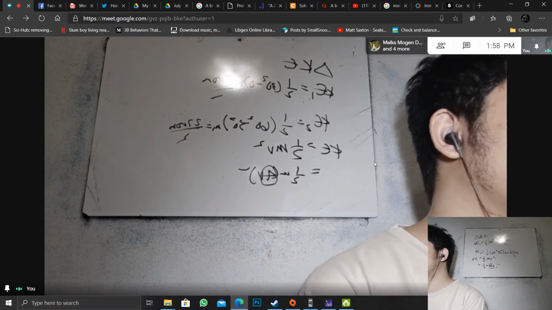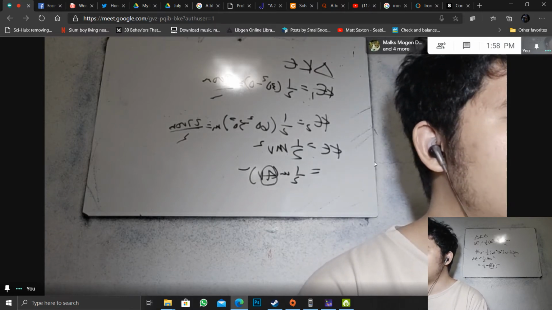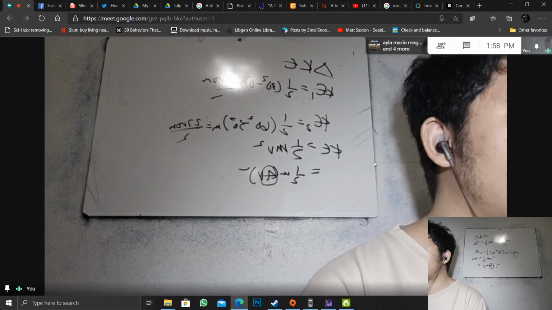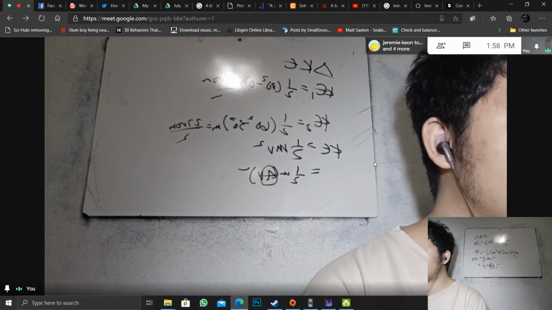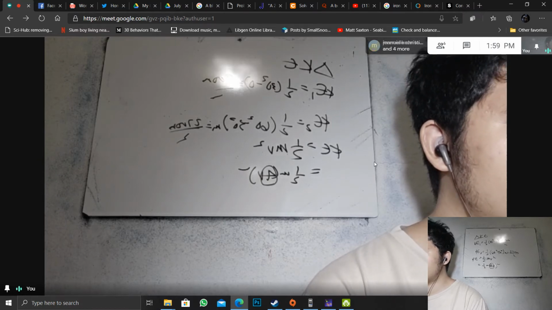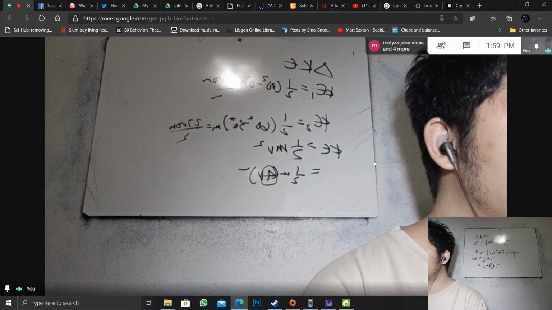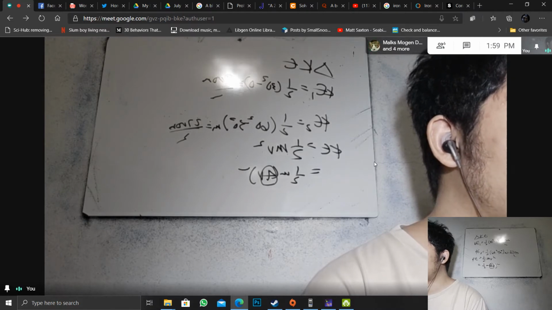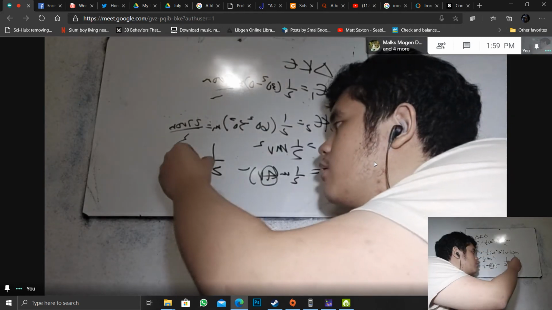Pag same height yung pinanggalingan ng mga projectile mo, no? Pag same height sila na pinanggalingan, tapos ano pa ba? There's no air resistance, same speed pa. By conservation of energy, dapat di ba 1/2 mv squared equals mgh.